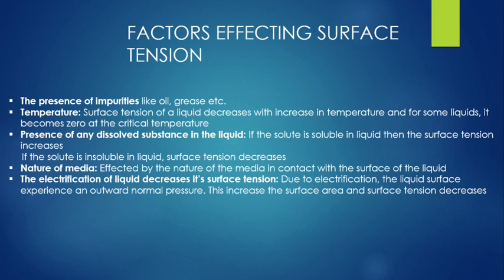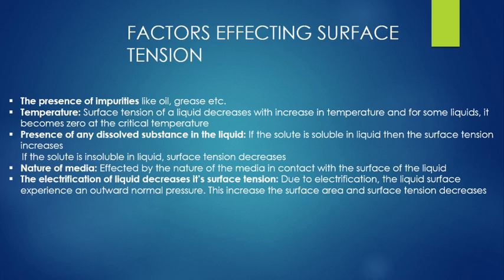So the first point is the presence of impurities. The impurities can alter the surface tension of a liquid. Either the surface tension can increase or decrease. So impurities have an effect on the surface tension. And the next point is temperature. The surface tension of a liquid decreases with increasing temperature.